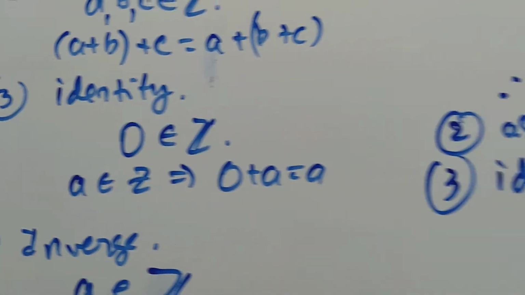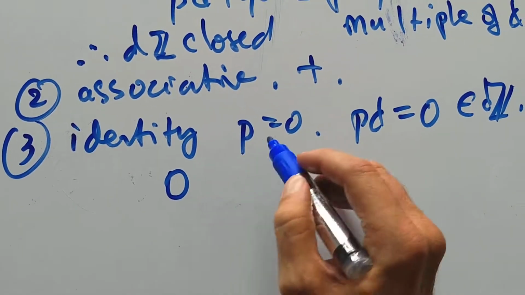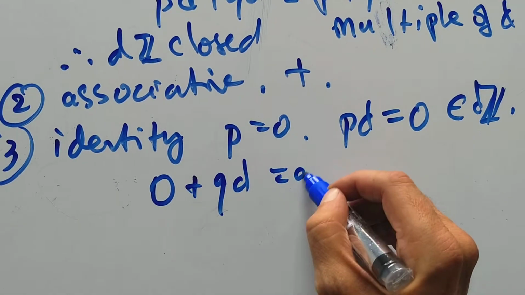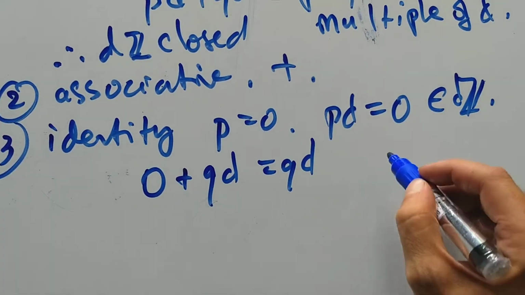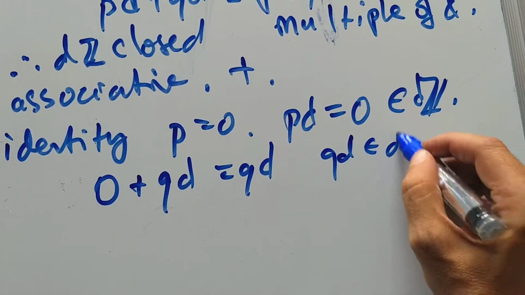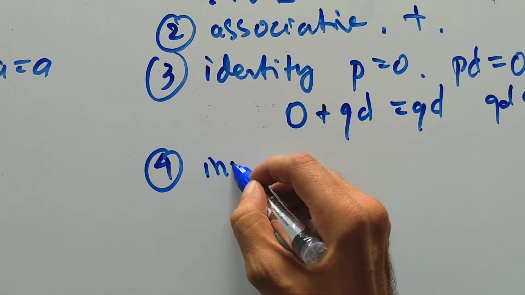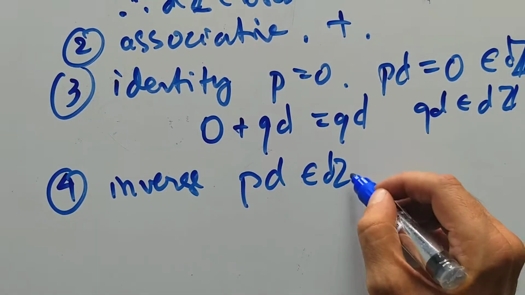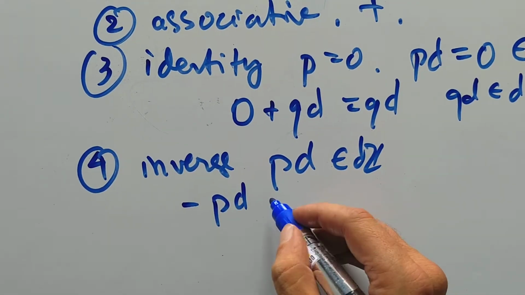Any other element, 0 plus QD is going to be QD, where QD is in DZ. Now, 4, inverse. If PD is an element of DZ, then minus PD is also an element of DZ.